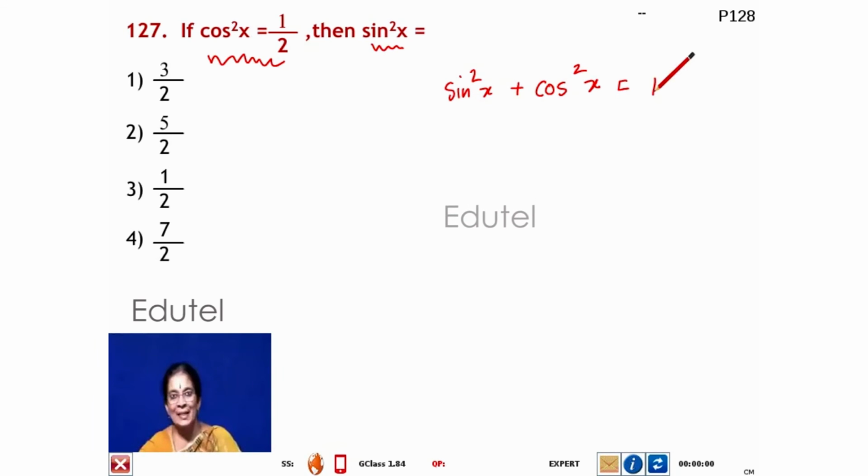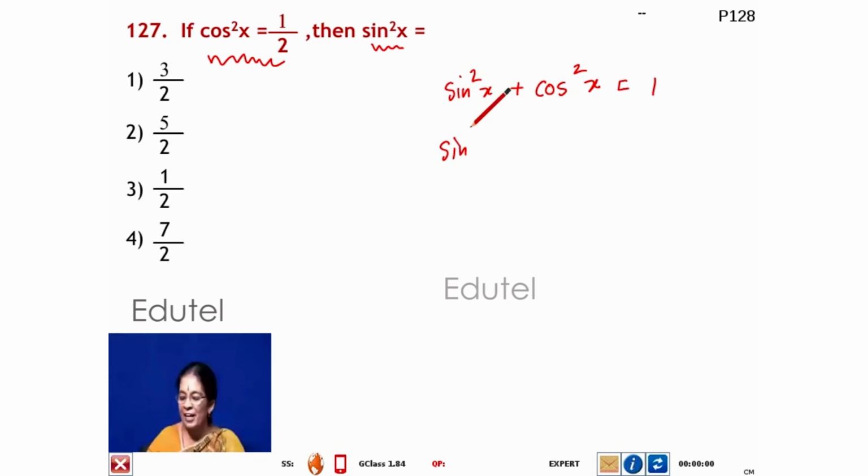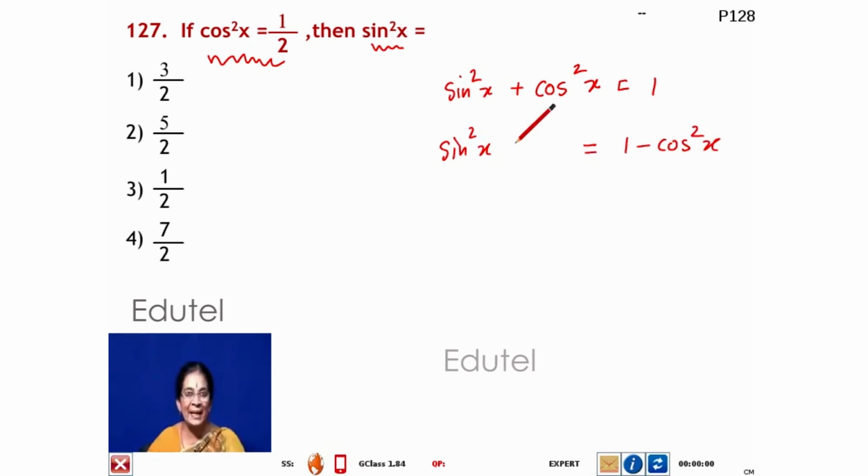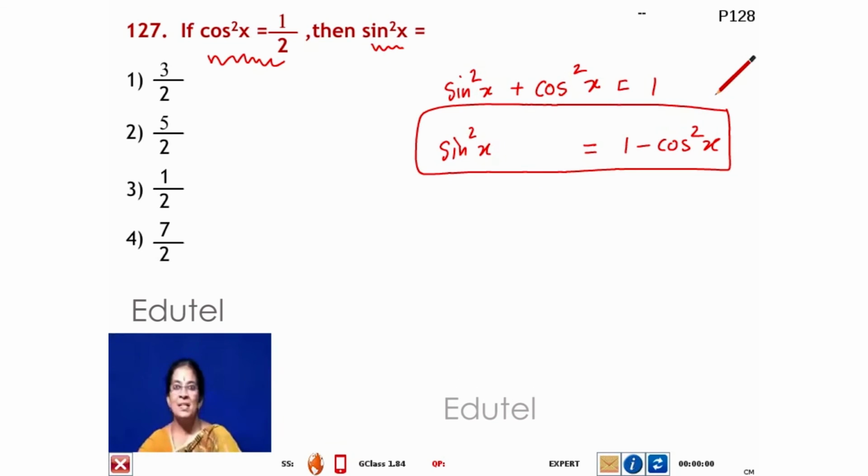You know cos square x, but you have to find sine square x. So what will you do? Find sine square x by writing it as 1 minus cos square x. This is your formula now. Sine square x is 1 minus cos square x.